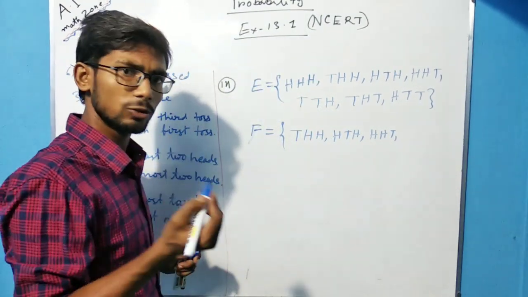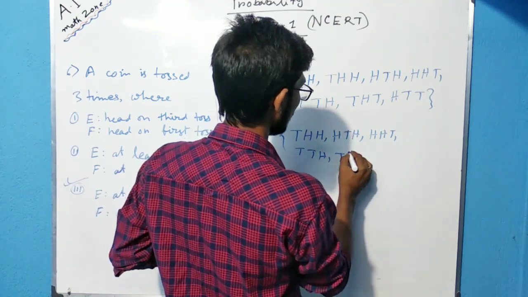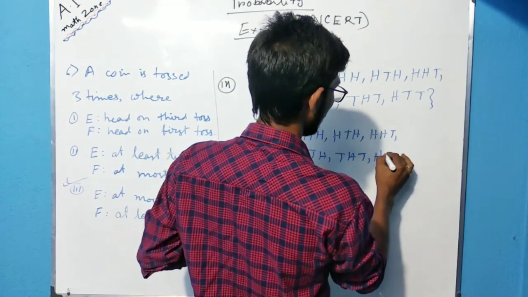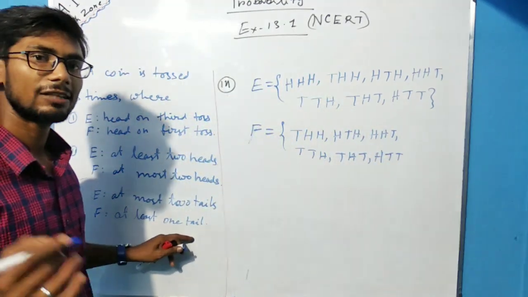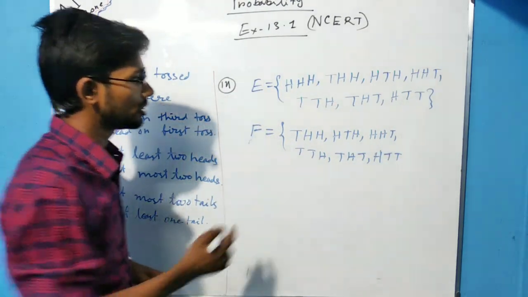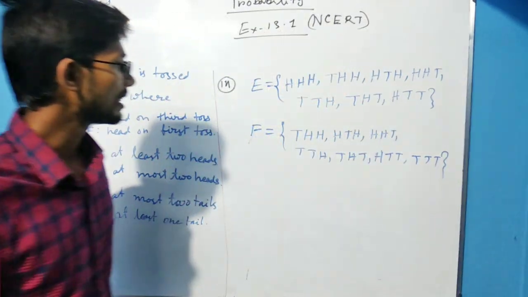And maybe 2 tails: tail, tail, head; tail, head, tail; head, tail, tail. And 3 tails is allowed, so you can add tail, tail, tail. So these are the elements for F.